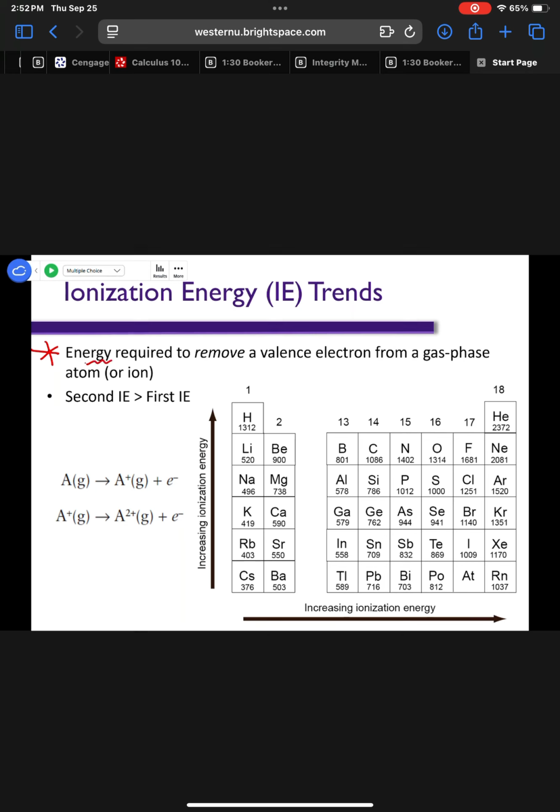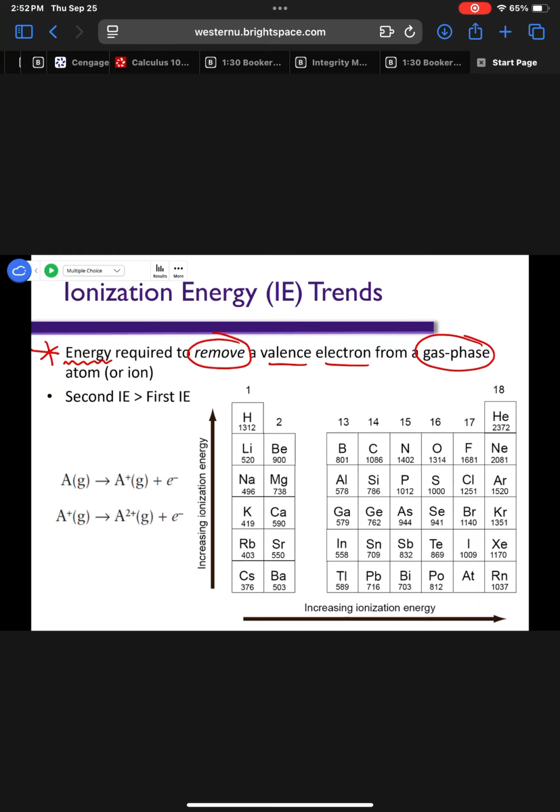Well, it's the energy required to remove a valence electron from a gas phase species, so an atom or an ion. Each of the parts of this definition is important. Here, we're removing an electron, which is in contrast to other trends.